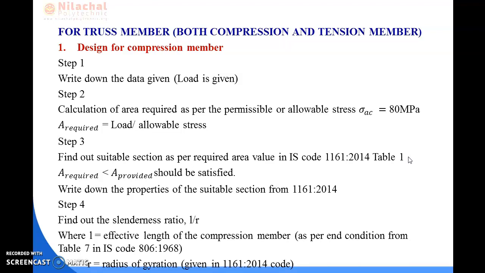First of all, for the compression member design, the procedures are given here.